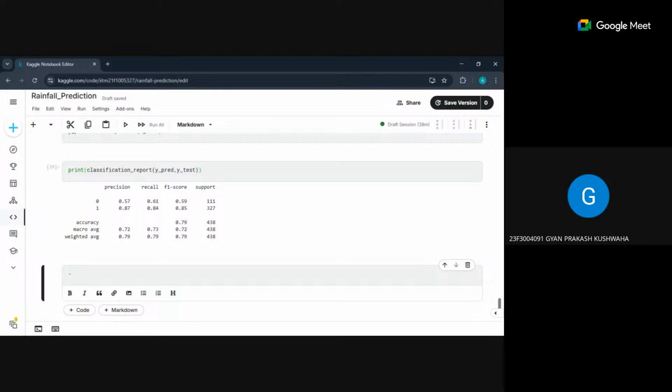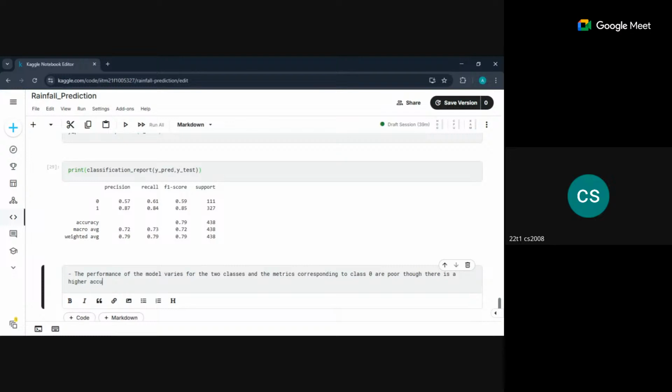That's why the precision, recall and F1 score are less, but the accuracy score is high. So can we say the performance of the model varies for the two classes, and the metrics corresponding to class 0 are poor, though there is a higher accuracy overall.